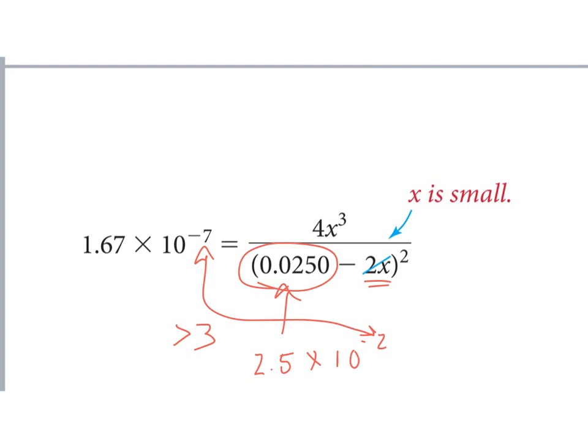Okay, and this one has to be the larger one, right? So if it's larger than the equilibrium constant by a factor of 3, then you can drop the x. It makes this simple. You simply square the 0.0250, multiply it by 1.67 times 10 to the minus 7th, and divide by 4, and then take the cube root, and boom, you got the answer.